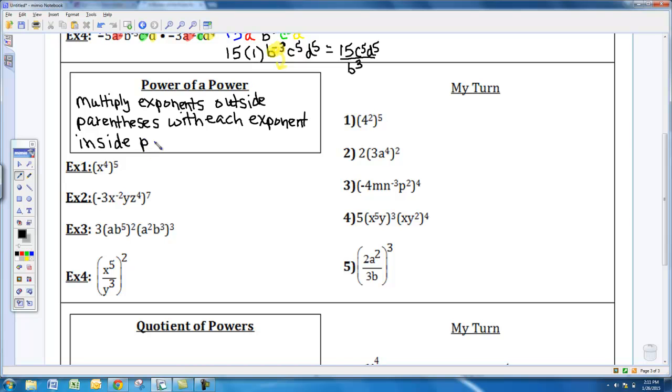So it's kind of like distributing the exponent that's outside the parentheses to every exponent inside the parentheses. So let's talk about how this works.